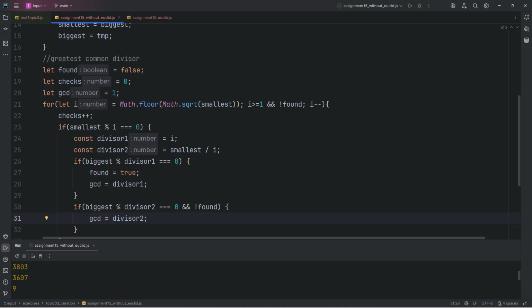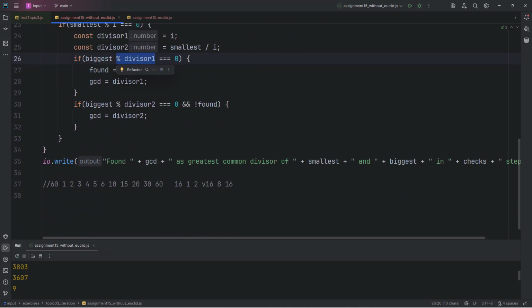Okay, because if it's not divisor 1 coming from behind, I'm totally not sure that divisor 2 will be the biggest. Okay, so I have to run through it, but I know for sure if I start at 1 and I go up, then the complementary will be the bigger divisor.